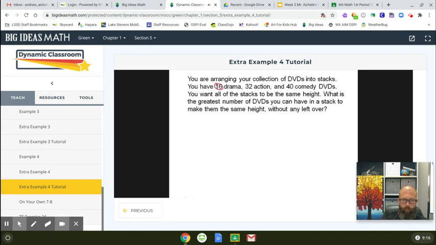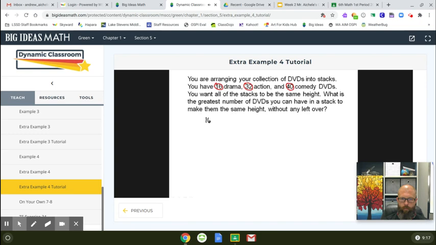So to find the greatest number of DVDs you can have in a stack, find the GCF of 16, 32, and 40. One way to find the GCF is to write the prime factorization of each number and find the product of the common prime factors. The prime factorization of 16 is equal to 2 times 2 times 2 times 2.